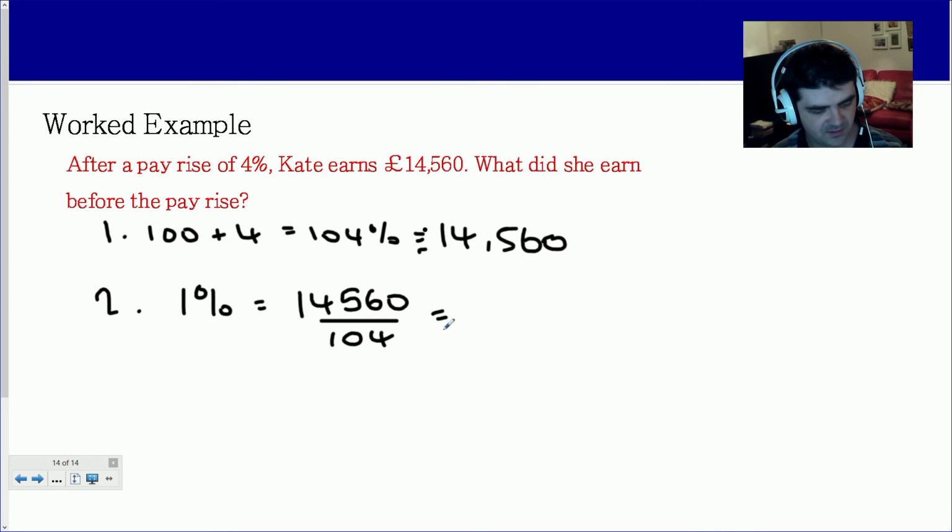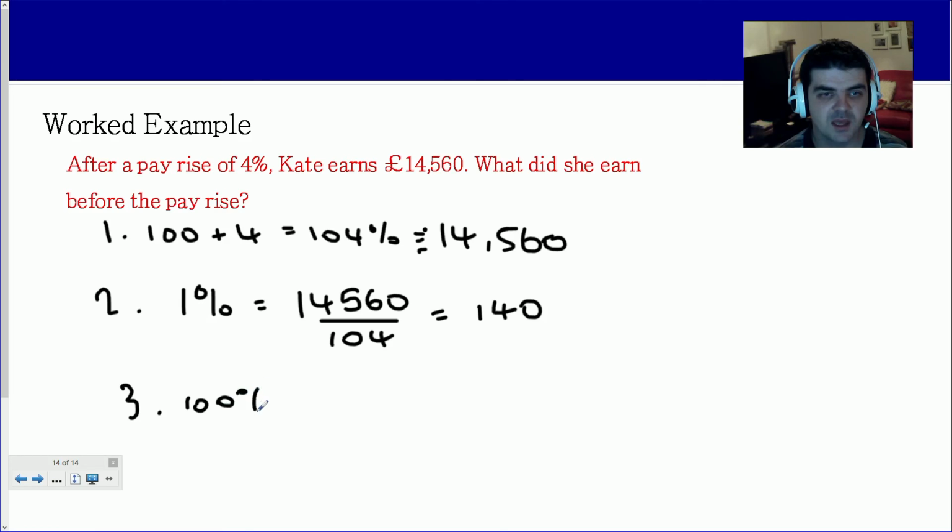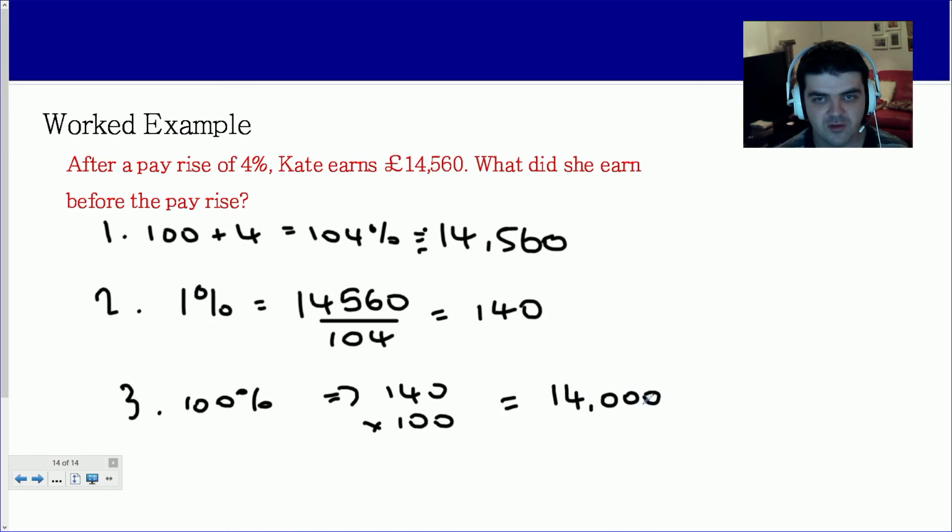Let's see, 14,560 divided by 104 we get 140. So we found out the 1% is equivalent to 140. So to get 100%, I've got to multiply my 140 times 100. And if I do that, I get £14,000. So her original amount of money was £14,000.